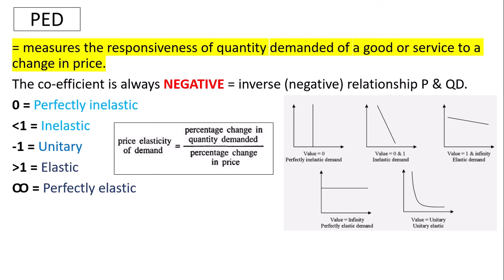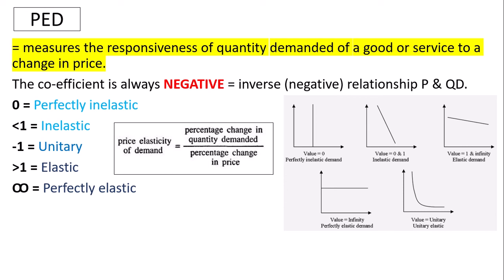So one tip to remember is that inelastic curves look like an I, so they're very vertical, and elastic curves are very flat. Okay, they look like an E. Okay, if you really put a line at the top of the curves, they would look like capital E's. Okay, and then obviously the unitary one is the shape of a rectangular hyperbola. It's sort of like a quarter of a circle. Okay, so it's important that you know all them curves.